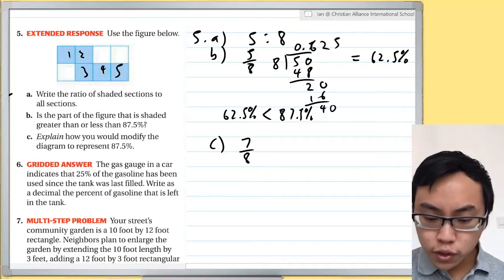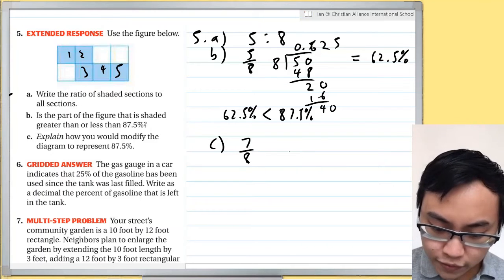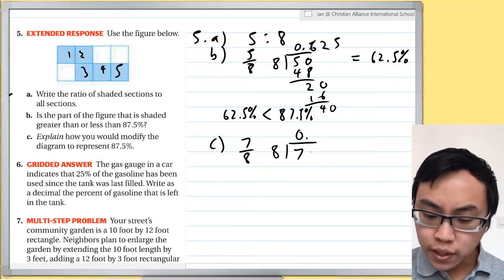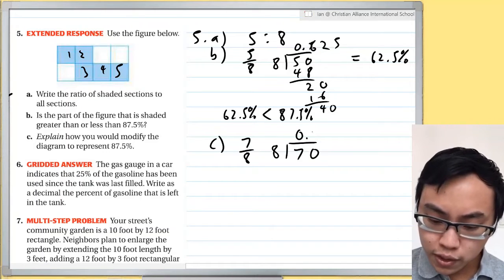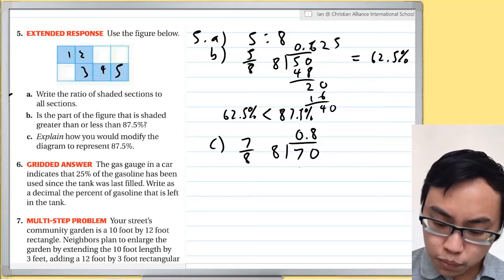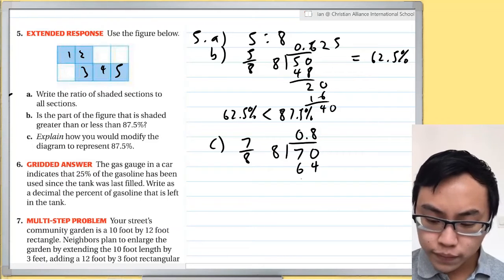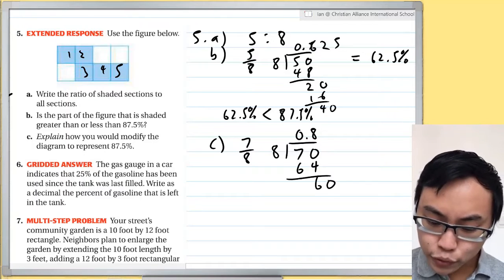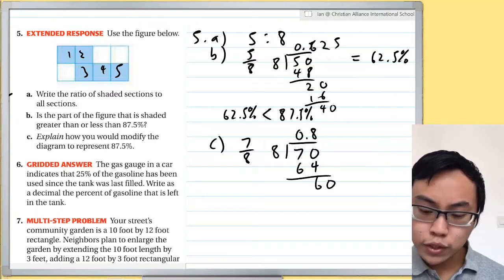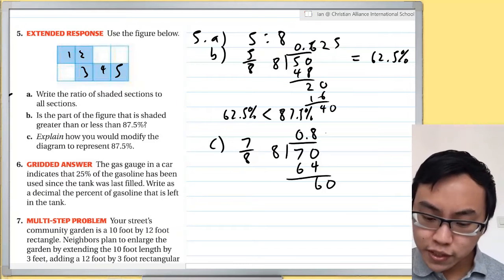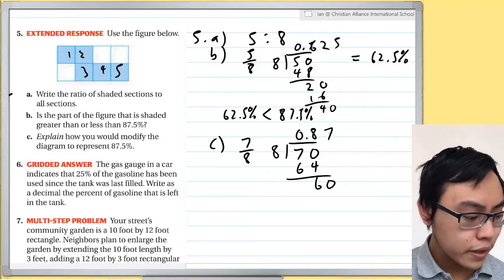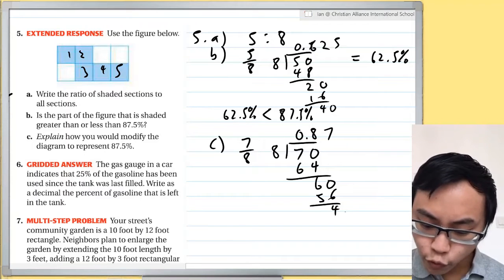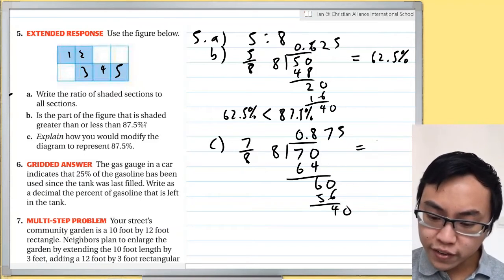So once you do the same thing, 7 divided by 8, 8 goes into 7 0 times, add a 0, so 8 goes into 70 8 times, that's going to be 64, and then that's 6, and then you add the 0, 8 goes into 60 7 times, 8 times 7 is 56, and so there's 4 remainder, so that's 87.5%.